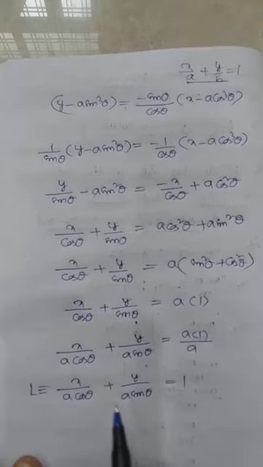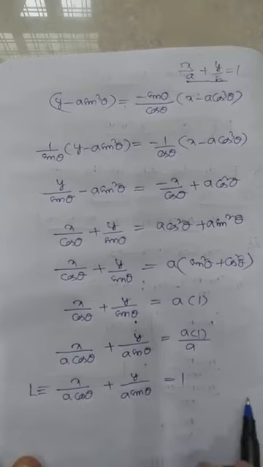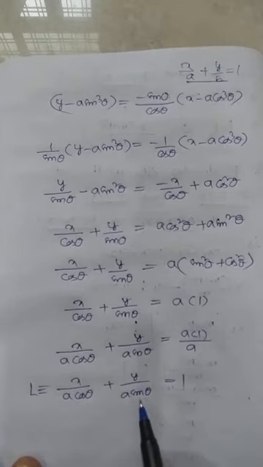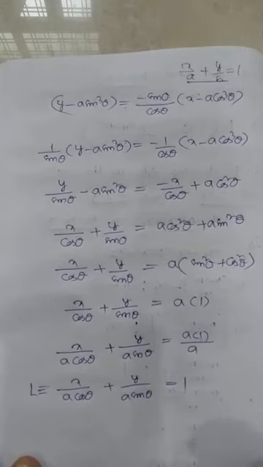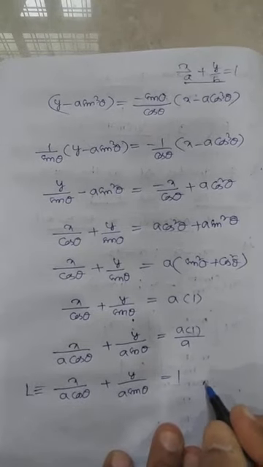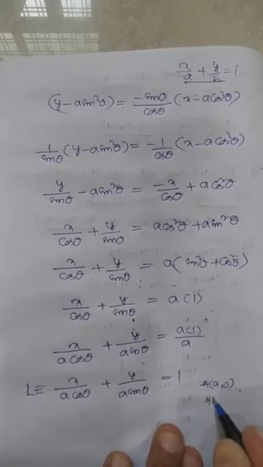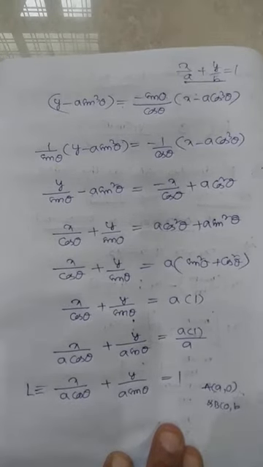Okay, are you following or not? From this, this is the length of the x-intercept. This is the length of the y-intercept. Don't confuse this with the points we have taken there, A of a comma 0 and B of 0 comma b.